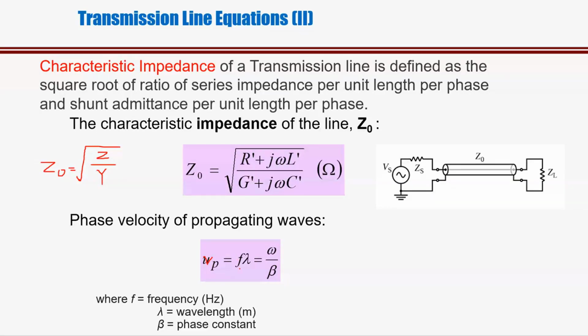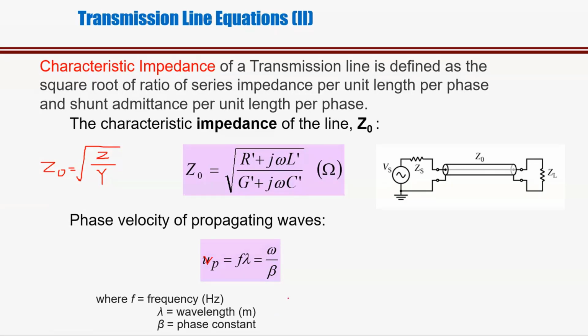It is related to the frequency as F into lambda, where lambda is the wavelength and F is the frequency. But it is also given in terms of omega divided by beta, where beta is called the phase constant. So Vp, that is the phase velocity, is equal to F lambda, which is equal to omega divided by beta.